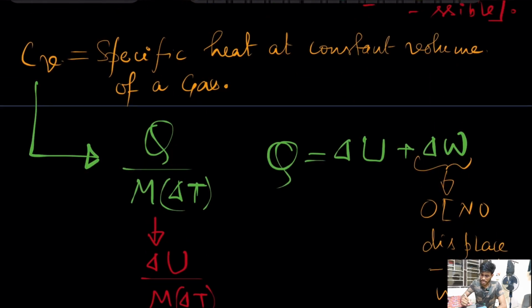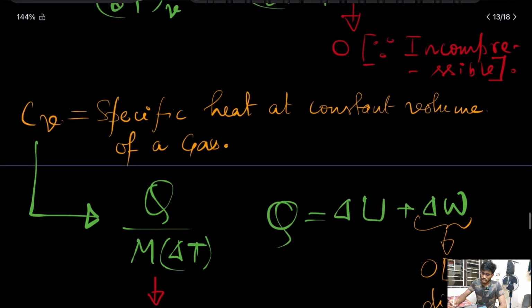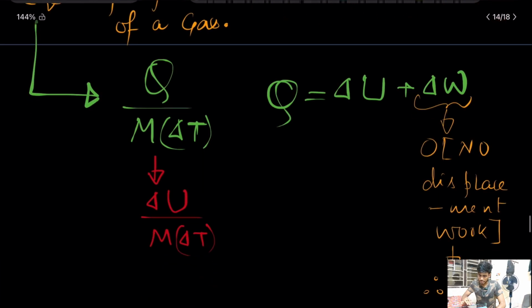Because of this specific word only this mass has arrived. Actually the total word is specific heat capacity. These terminologies are also very important, that is why I am giving a very great emphasis on these things.